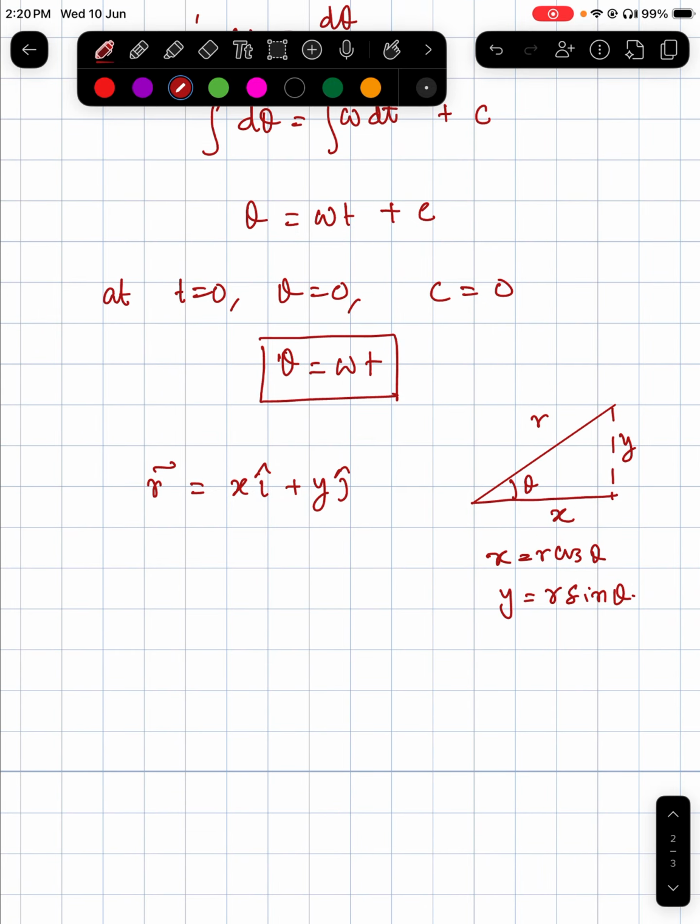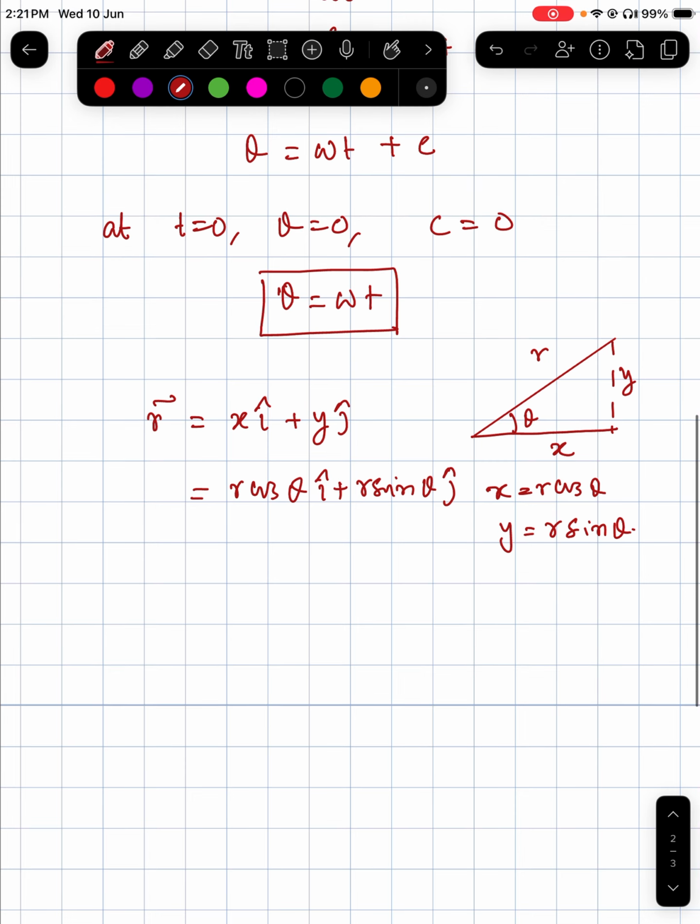And theta we have already found is omega t. So first I replace x and y by r cos theta and r sin theta, then I express theta as omega t. So the position vector becomes r cos omega t i cap plus r sin omega t j cap.